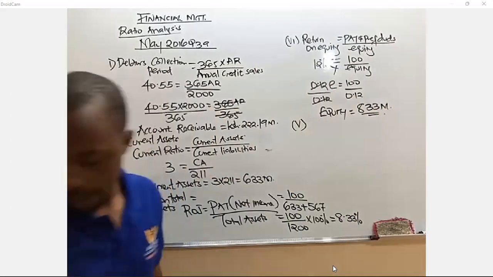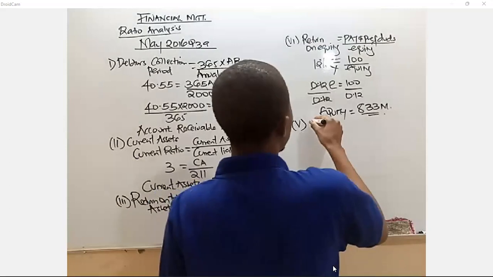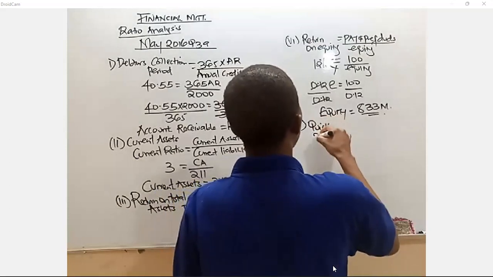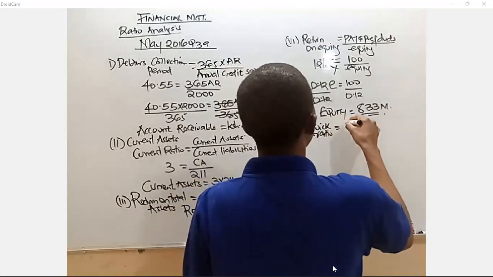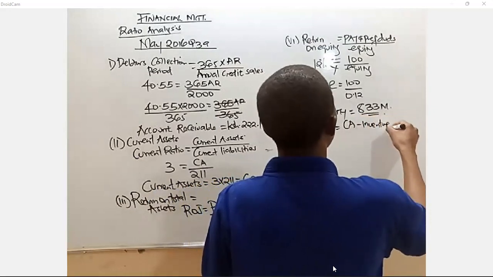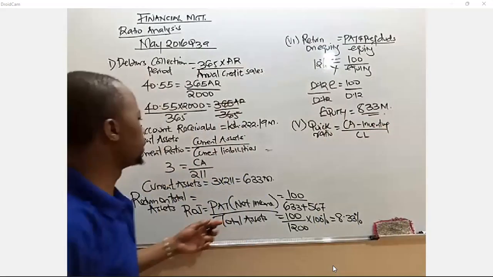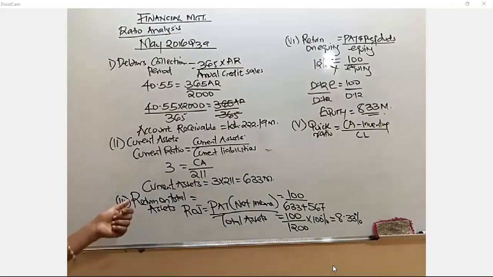Then the last one. The examiner is asking you about the quick ratio. We said we normally take the current assets minus the inventory, and you divide by the current liabilities. But you will ask me, Mwalimu, are we using the 633 million?